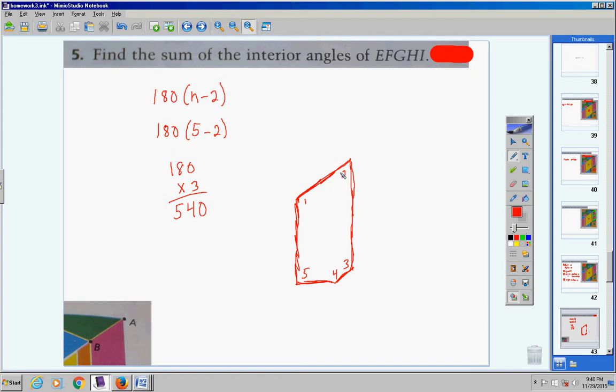So I do not know, and neither do you, what each of these angles are. However, if you add all 5 of these angles up, it will equal 540 degrees, okay? So anytime you're asked to find the sum of the interior angles of a convex polygon, this is the formula you want to use. If you don't know that, you need to know that.